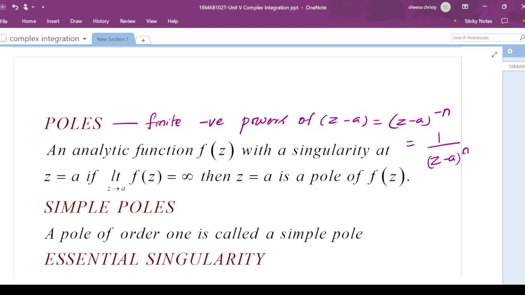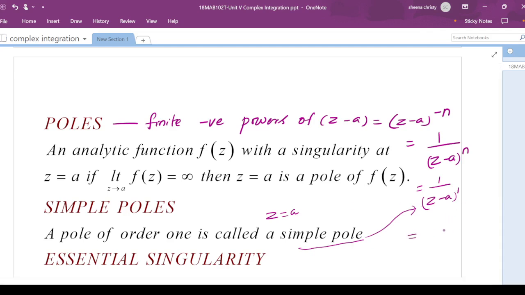Here you have 1 by z minus a to the power n. Suppose you have 1 by z minus a to the power 1, then you can call z equal to a a simple pole.